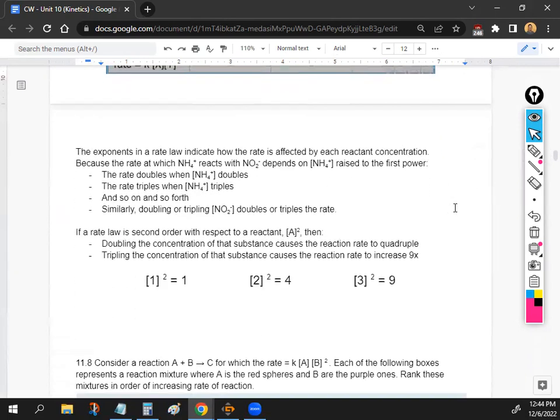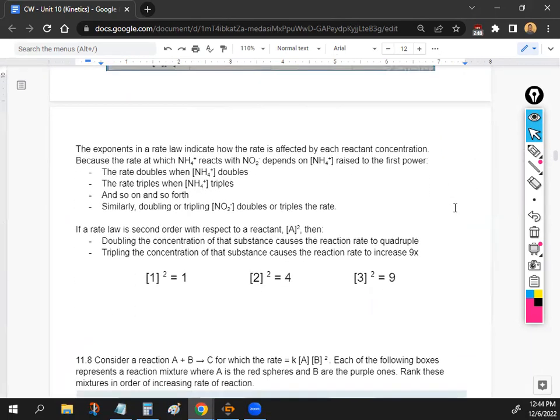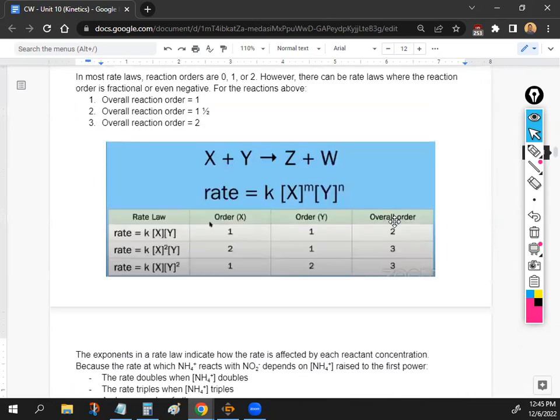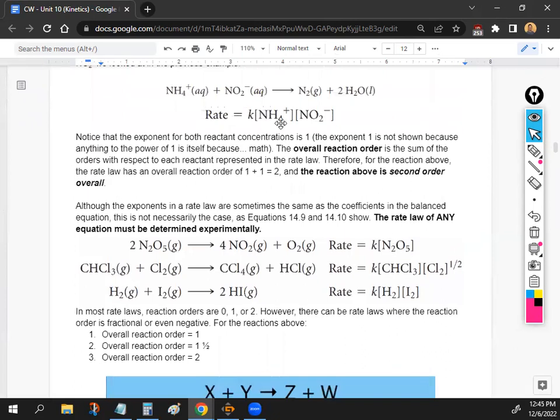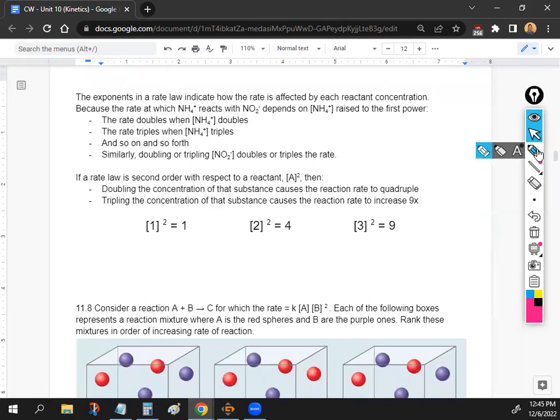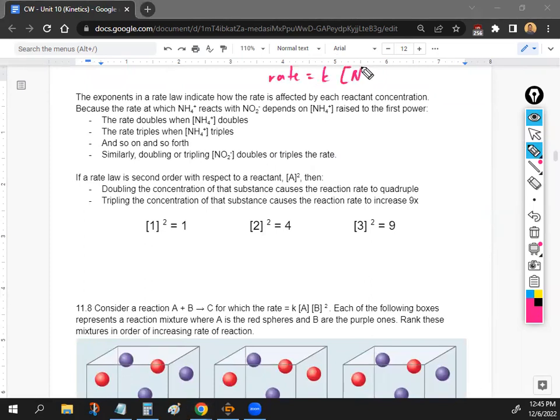Okay, now the reason why these are determined experimentally is because the exponents in a rate law determine how the rate is affected. Okay, so basically, if we go back to the original rate law, the one that we had here, let me just copy it down so we have it as reference. Rate is equal to k, and then NH4 plus, and then NO2 minus. Okay.